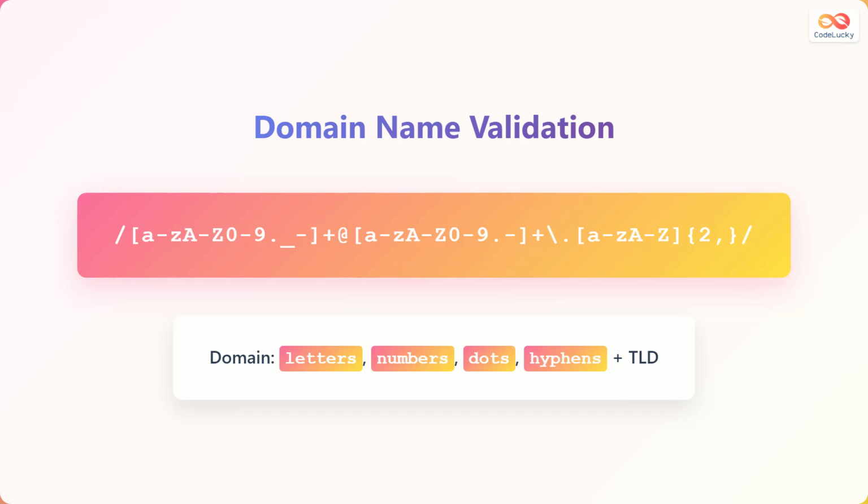Additionally, we want to ensure that there is a top-level domain, TLD, like .com, .org, etc. The updated regex pattern is /[A-Za-z0-9._-]+@[A-Za-z0-9.-]+\.[A-Za-z]{2,}/. This pattern checks for the allowed characters in the domain and ensures that the TLD consists of at least 2 letters.